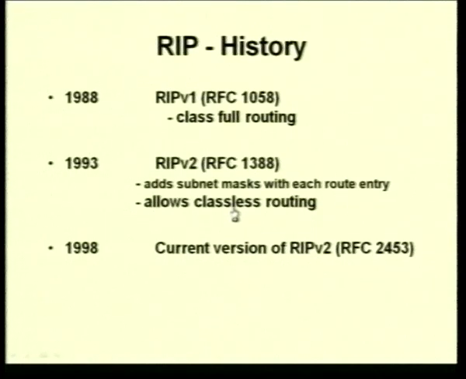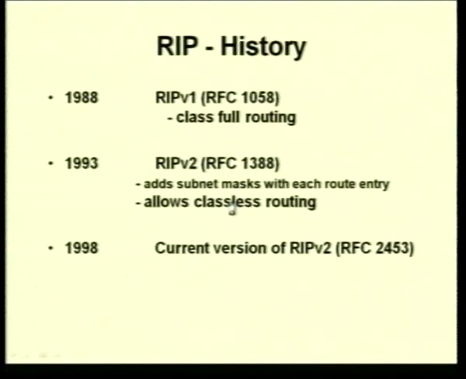A little bit on the RIP protocol history. 1988 was when the first version of RIP was floated, in RFC 1058. In 1993 you had RIP version 2, which added provision for subnet masks which could be used with each route entry, and also allowed for classless routing.